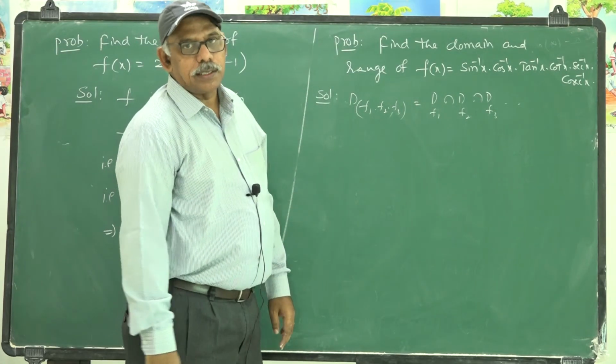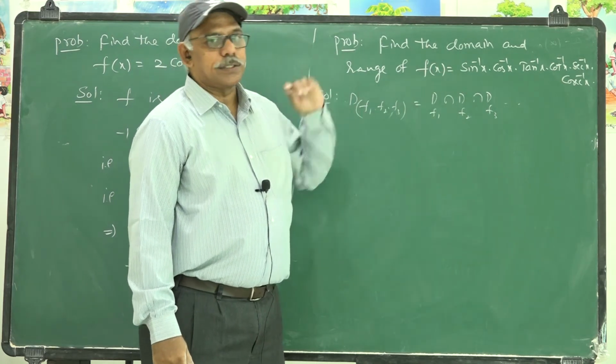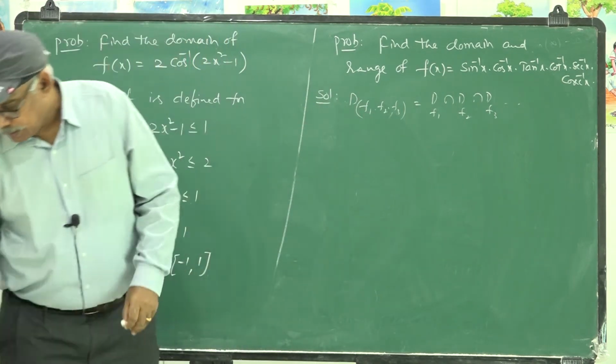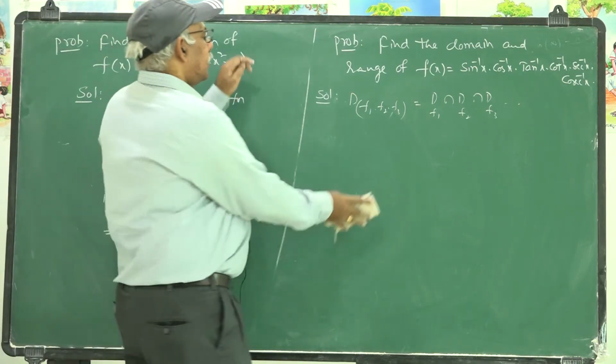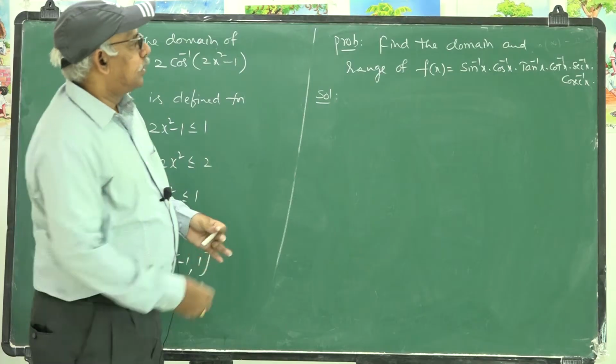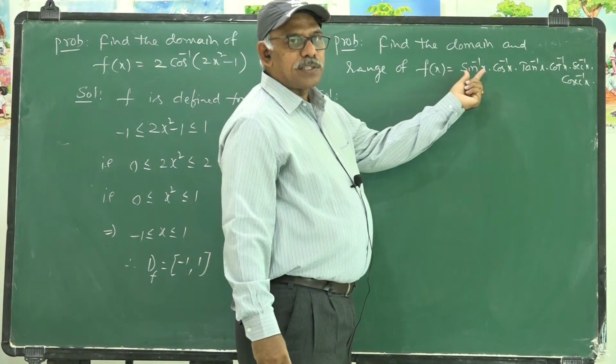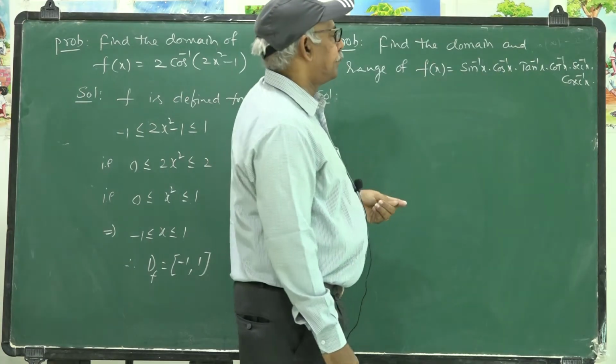We have to consider the intersection of the domains of individual functions. That is the important concept here. So, at first find the domains of each and every function here.